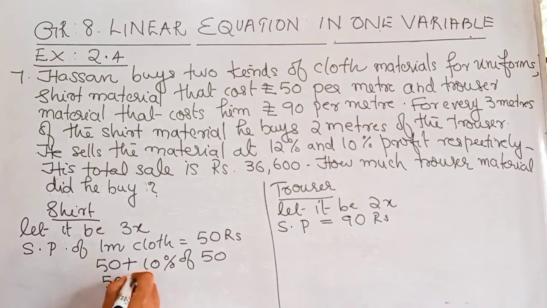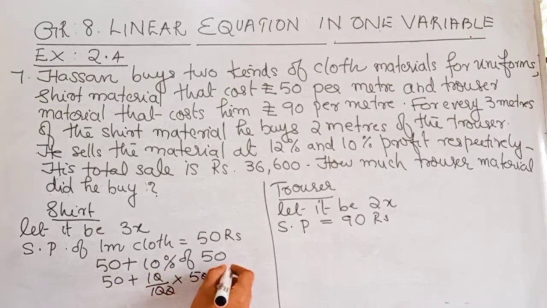So 50 plus 10 by 100 into 50. So we are able to find it is 55 rupees.